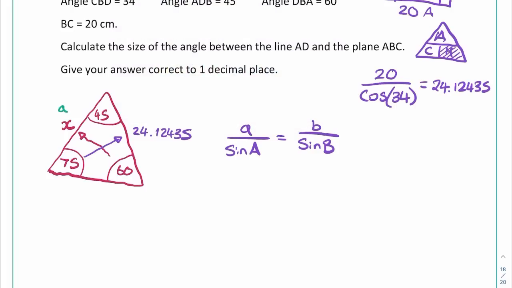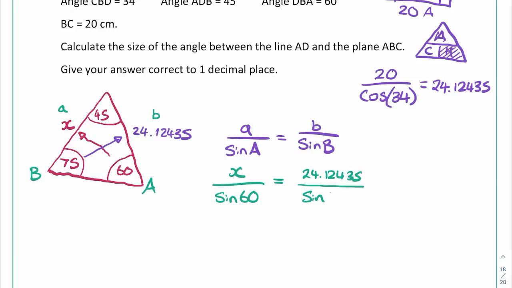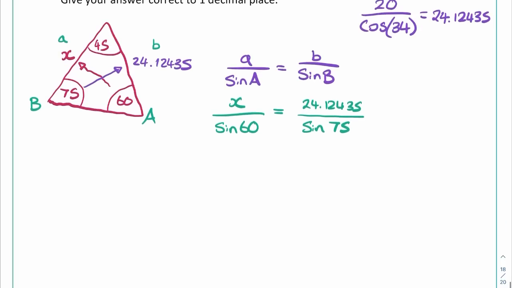So let's call that a, opposite that big A, and then b and big B. So we have x over sine 60 is equal to 24.12435 all over sine 75. One step to rearrange that, you just need to multiply sine 60 up to here. So it'll be 24.12435 sine 60, and then this will be gone, times that over.